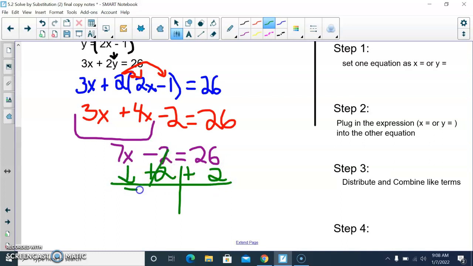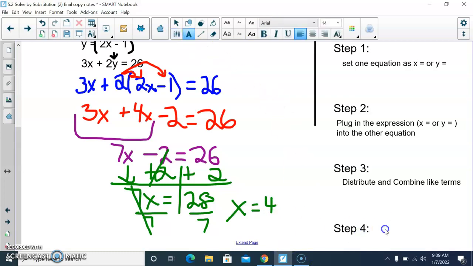I drop my 7x down. 7x is equal to 28. And then I divide by 7 on each side. x equals 4. So our step 4 is to solve for x.